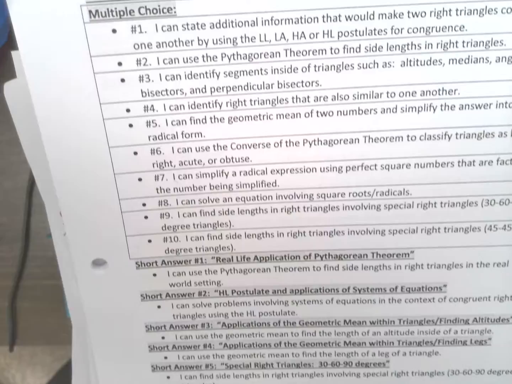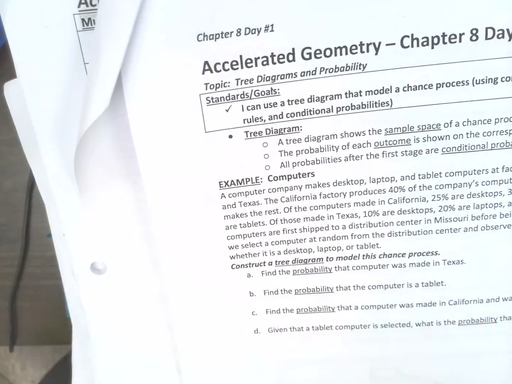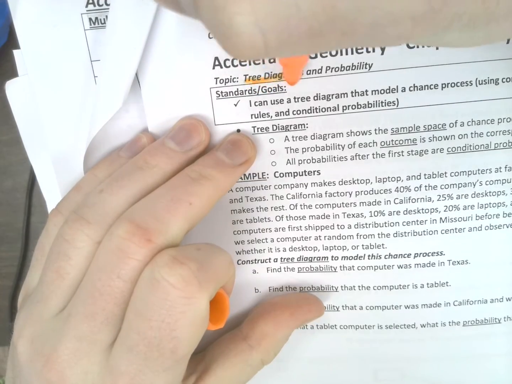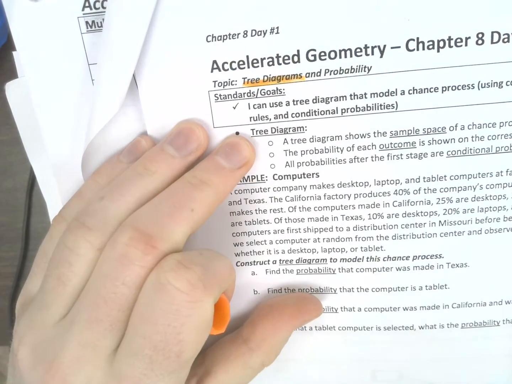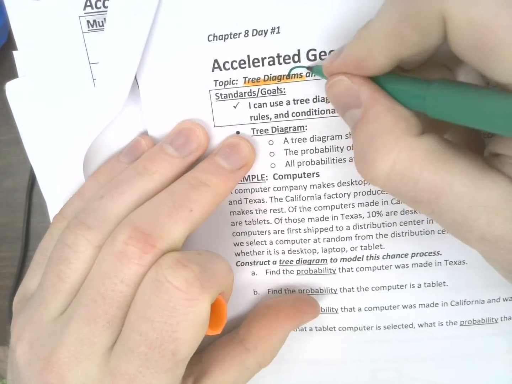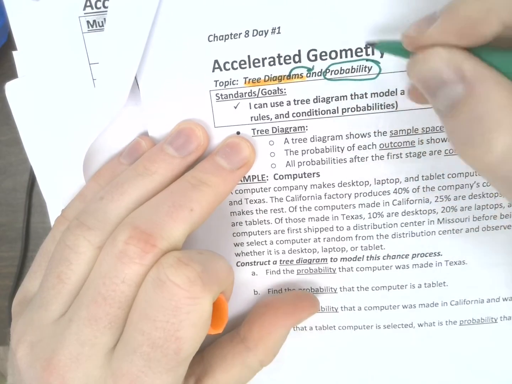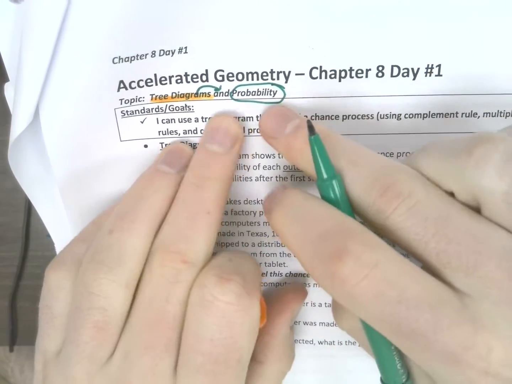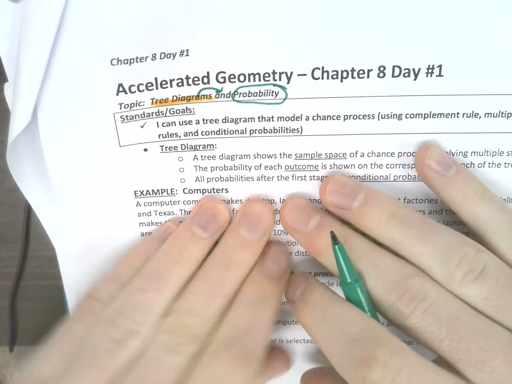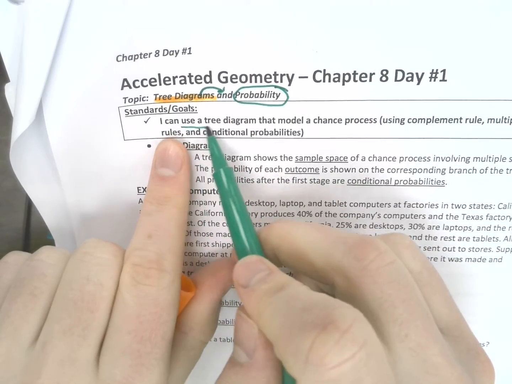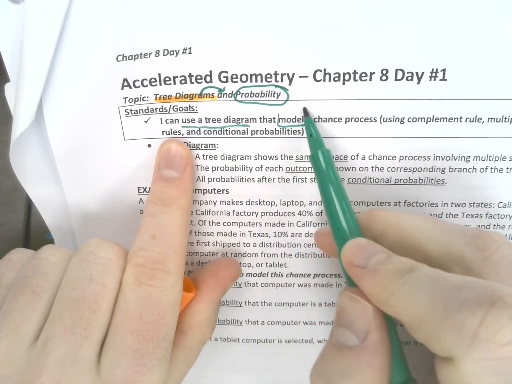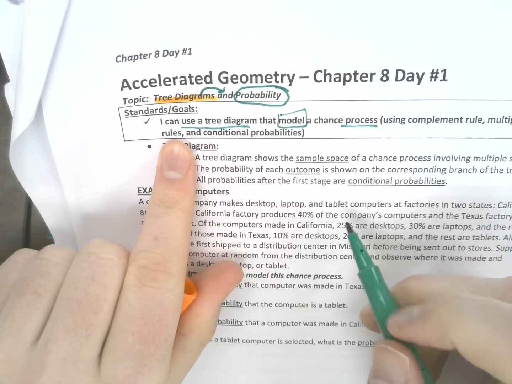So as you go up to day 1, hopefully you have seen tree diagrams before. A tree diagram always involves probability. We want to be able to use a tree diagram to model a process.